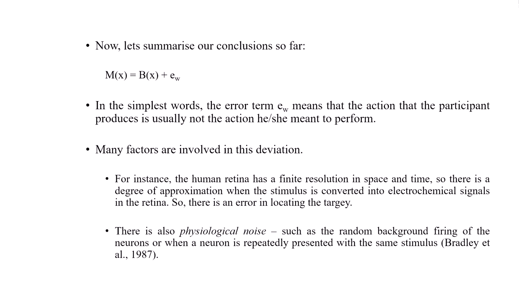So, there is a degree of approximation when the stimulus is converted into electrochemical signals, and there could therefore be an error in locating the target. Your brain could not locate the target at its actual coordinate values in space. It located it with a 1 mm error, and hence this 1 mm error in measurement happened.